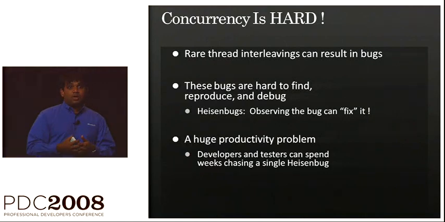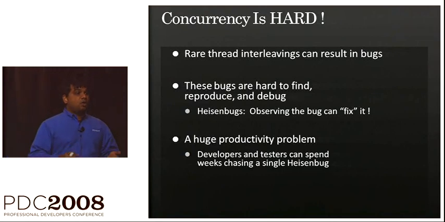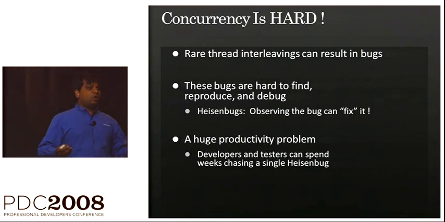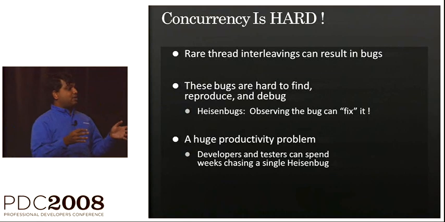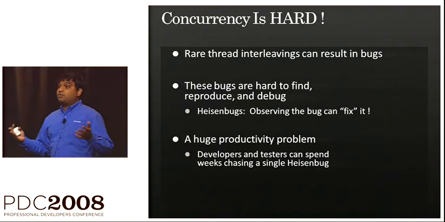What is worse is that slight changes to your program can completely change the set of interleavings that you explore. You have your release version, which is crashing once every 1,000 times it runs. You run in a debugger, your debug version never crashes. So let's say you want to do some printf debugging. You add a printf statement in your program. Again, your program does not crash at all.